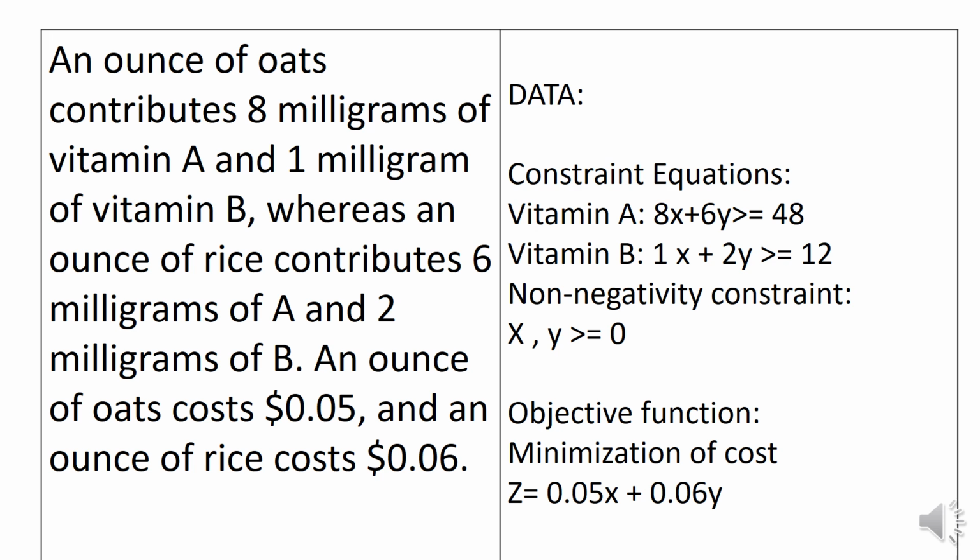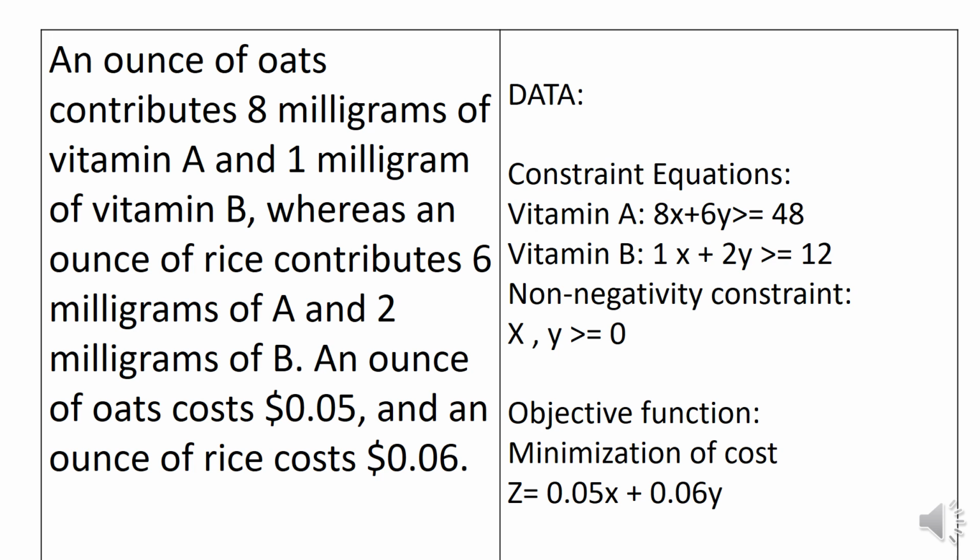The objective function, as we already mentioned, is the minimization of the cost. So you see an ounce of oats costs 0.05, where x is representing the oats, and an ounce of rice costs 0.06, where y is representing the rice.